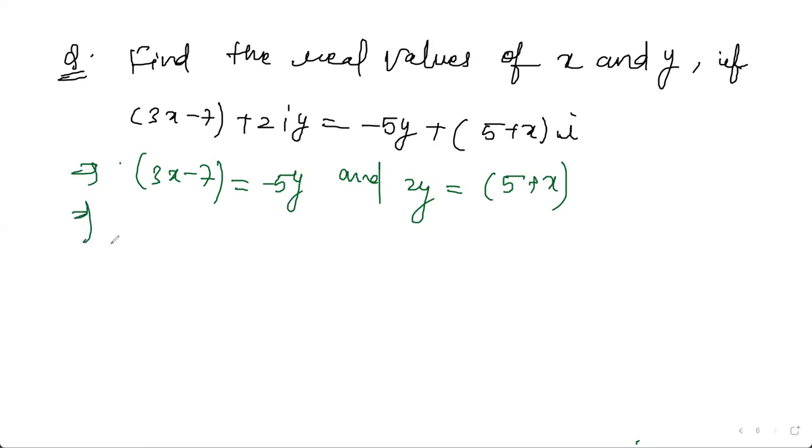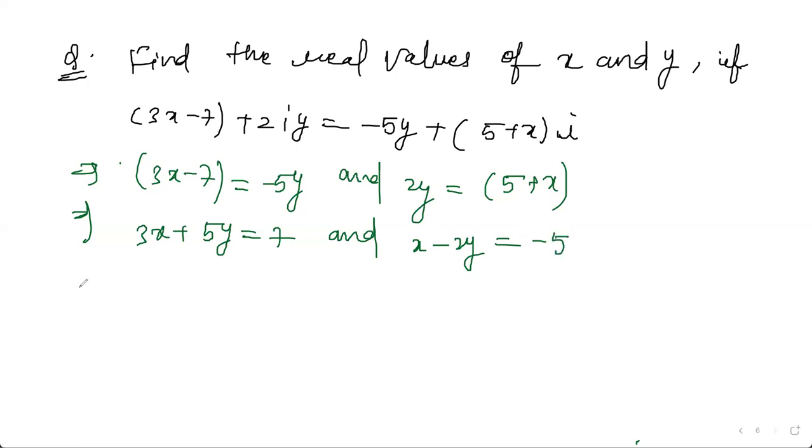So we can write it as 3x plus 5y equal to 7 and x minus 2y equal to minus 5.